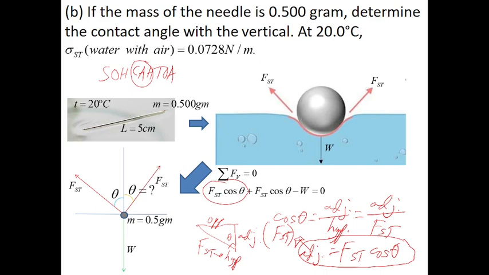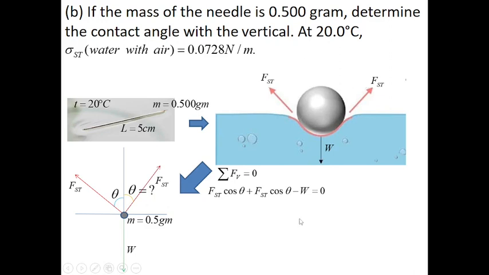Similarly, the other side is the same. This is the FST, this is the angle, this is the adjacent side, because we sum forces vertical. This is FST cosine theta.